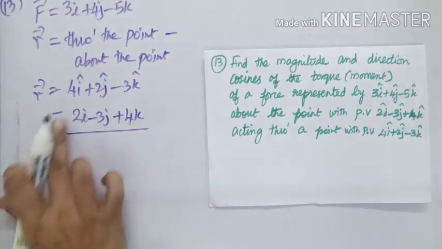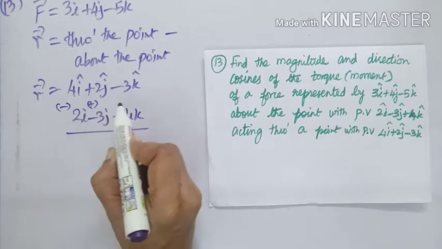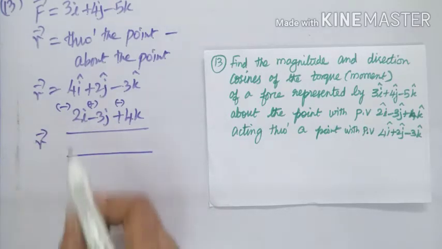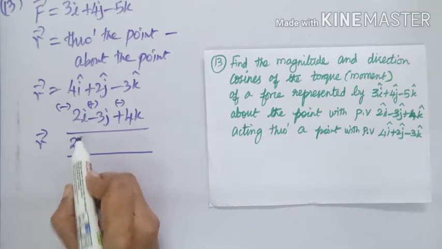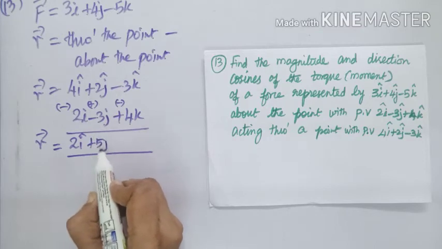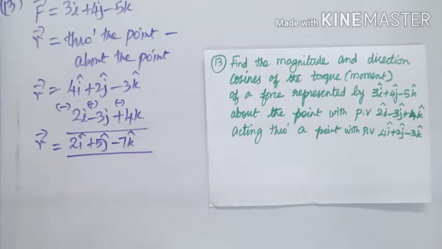As I am subtracting, change the symbol, minus plus minus. So this answer I call R vector. 4I minus 2I is I, plus 2J plus 3J is 5J, minus 3K minus 4K is minus 7K.